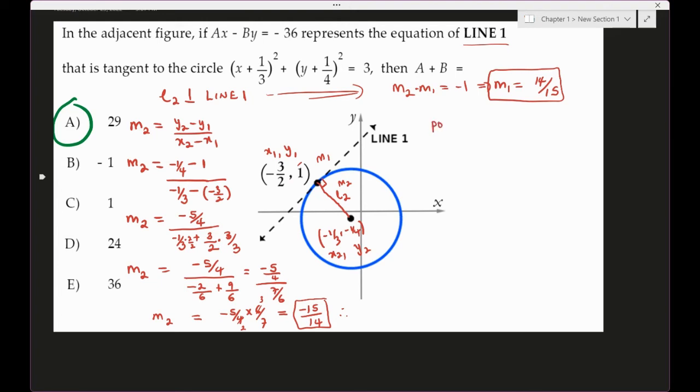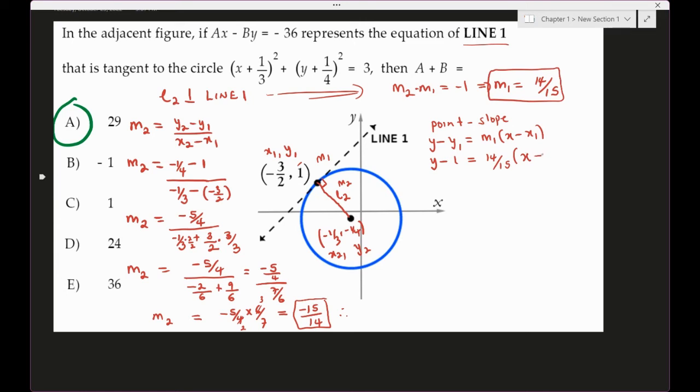So we'll use our point slope formula, which is y minus y1 equals M1 times x minus x1. Here y1 is 1. That equals M1, 14 over 15, into x, then x1 is minus 3 over 2.